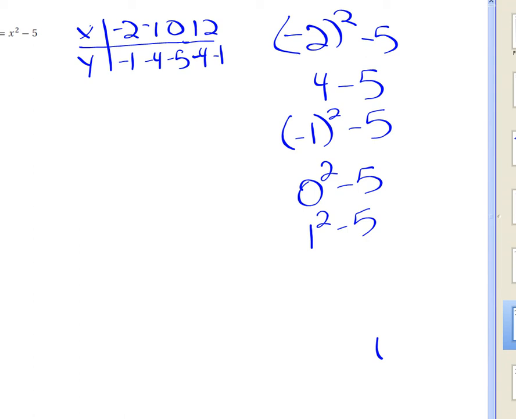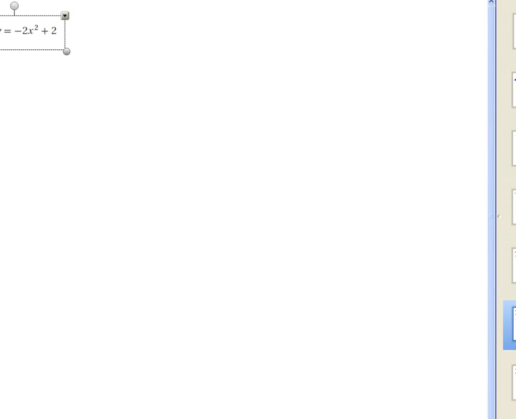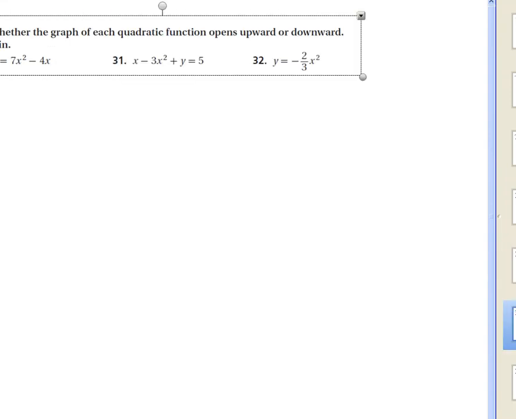All right, so 27, 28, the same thing. 29 too, yes, very good. No, I can't. You can substitute in numbers and solve. I believe in you. 30 through 32, tell whether they open up or down. What did we say? How do we tell if it goes up or down?